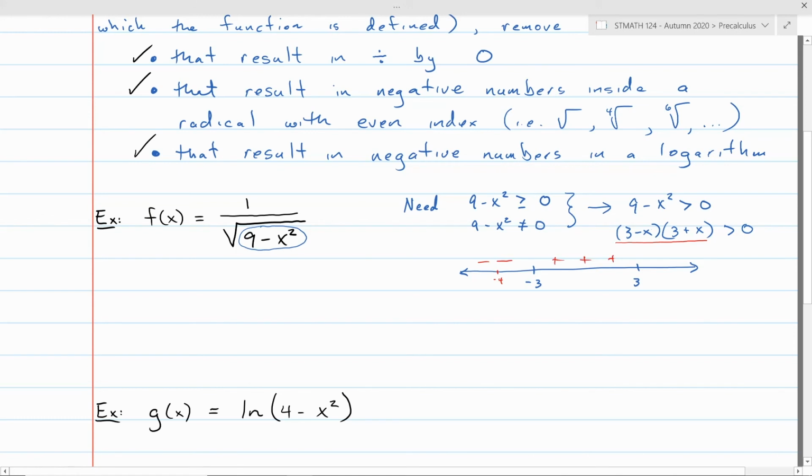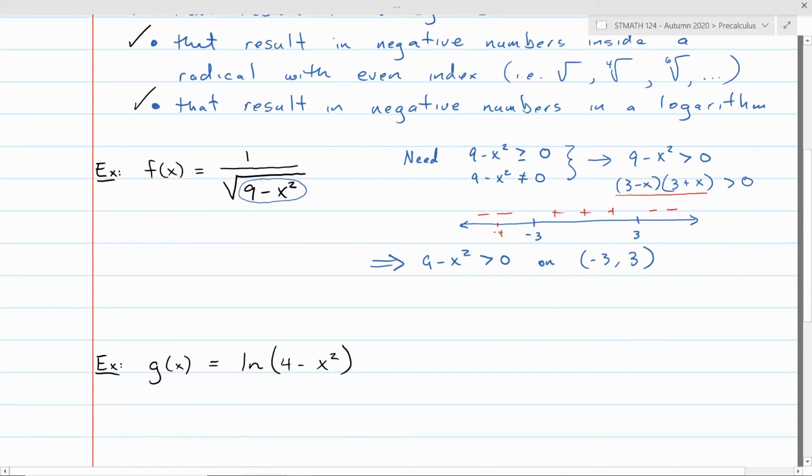And if I plug in, say, positive 4, I get 3 minus 4, that's negative, times 3 plus 4 is 7. So a negative times a positive gives negative over here. So what I can read from this is that 9 minus x squared is greater than 0 on the interval from negative 3 to positive 3, endpoints not included.